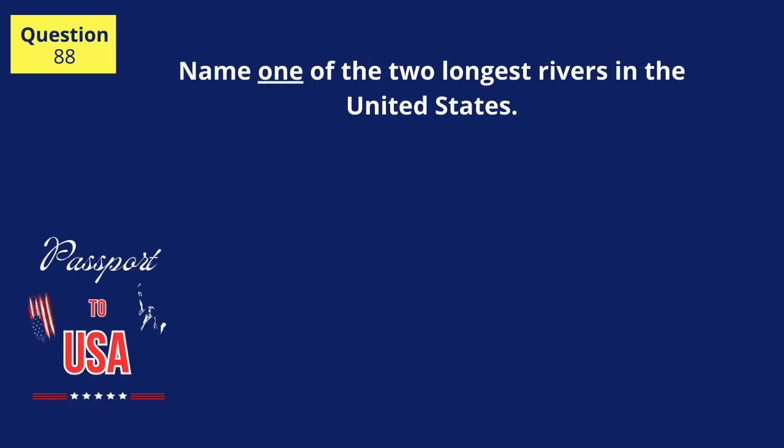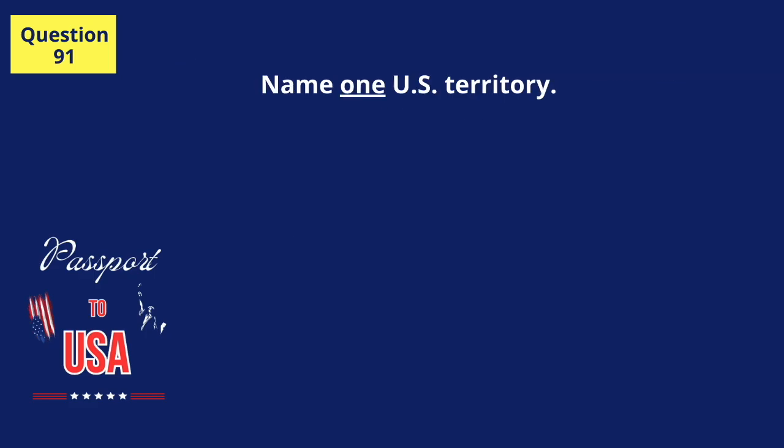Name one of the 2 longest rivers in the United States. Missouri River. Name 1 U.S. territory. Guam.